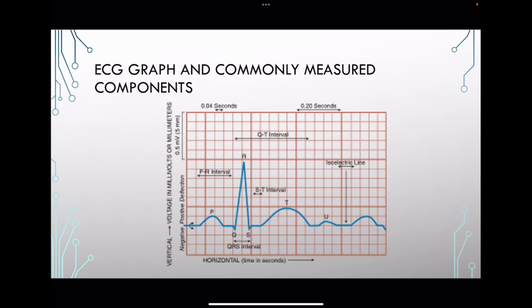So here's just another visual representation of one. You've got your PR interval, which is where the P wave starts, where it disconnects from the baseline. And where your PR interval ends is right before the QRS, where the Q starts.